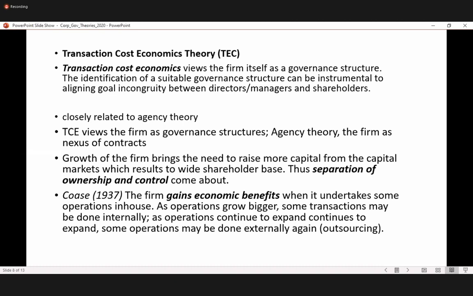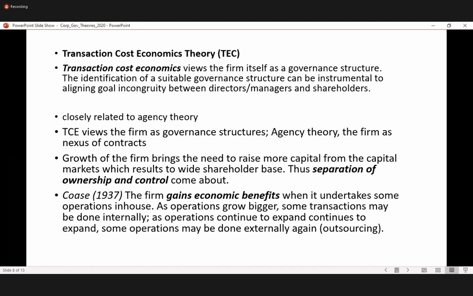But then, because the company grows bigger and bigger, as we saw in the beginning how cooperation came about, there arose the separation of ownership and control. The owners were different from the ones who are in direct control of the company, and that's the link, the connection between transaction cost and agency theory.